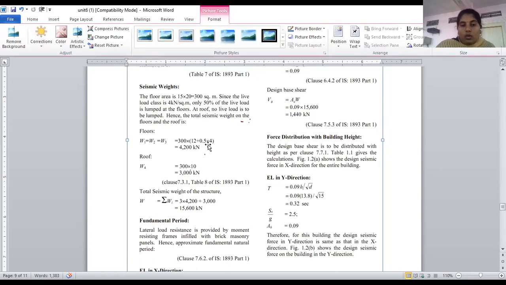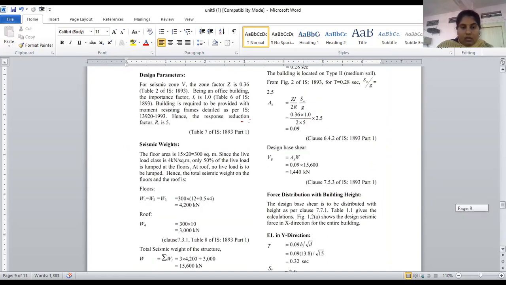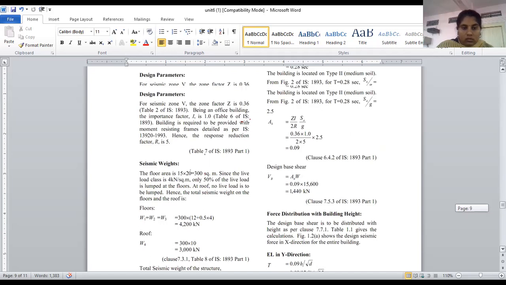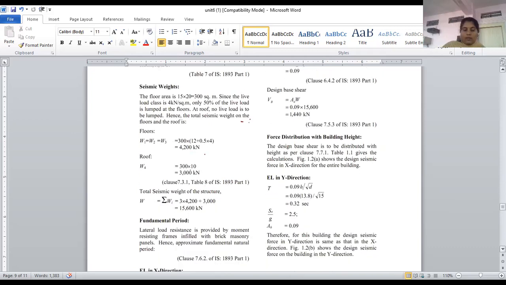Okay, so the floor load, whatever is given, we'll see what this floor load is.